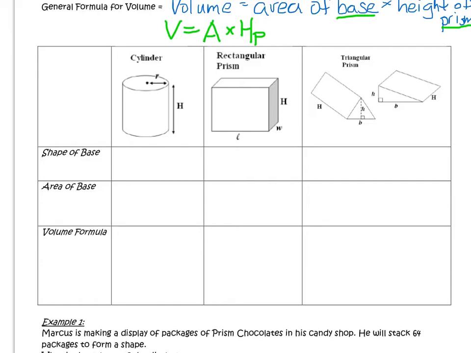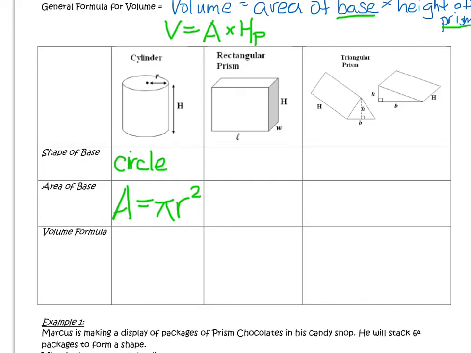So looking at the cylinder, Sam, the shape of the base would be, the area would be, what's a formula for area of the circle? Good. So it looks like Sam already has it memorized, or maybe he heard Harpreet whisper it to him. Area is equal to pi r squared, so that would be the area of the base.